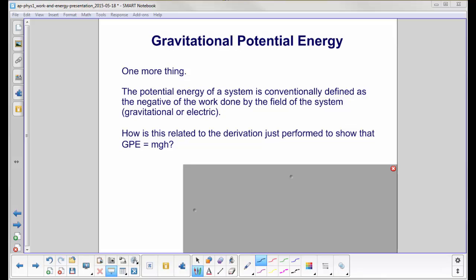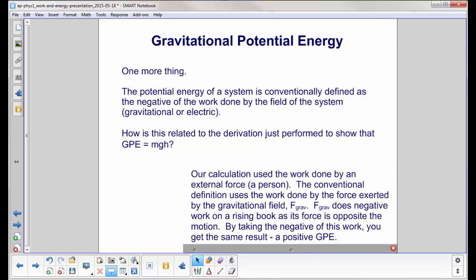One more thing. The potential energy of a system is conventionally defined as the negative of the work done by the field of the system, whether we're dealing with gravitational fields, electric fields, magnetic fields. How do we relate this to the derivation that we just did to show that GPE is still mgh? Well, let's pull down the answer box here.